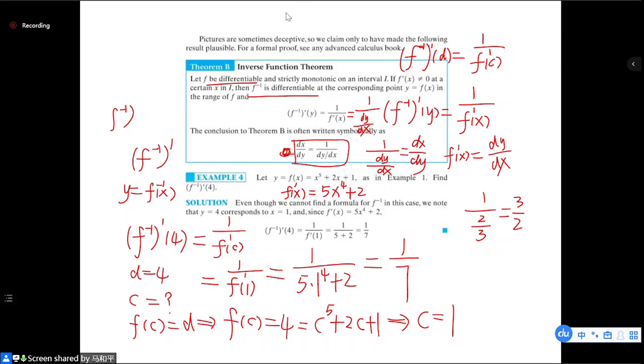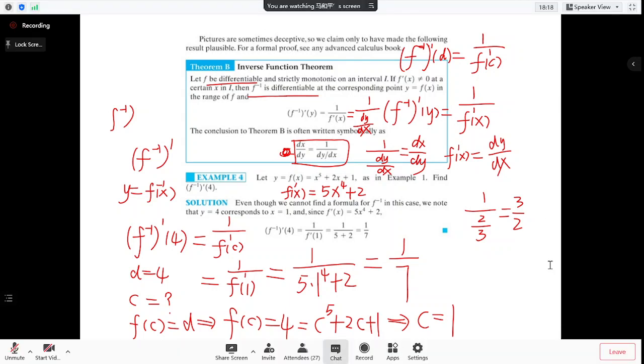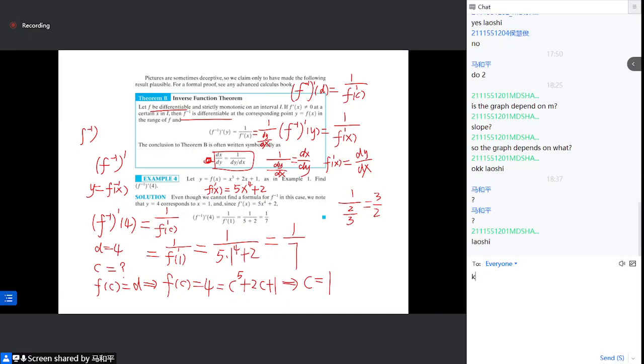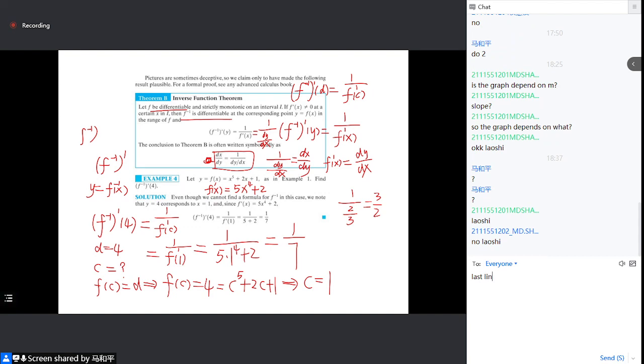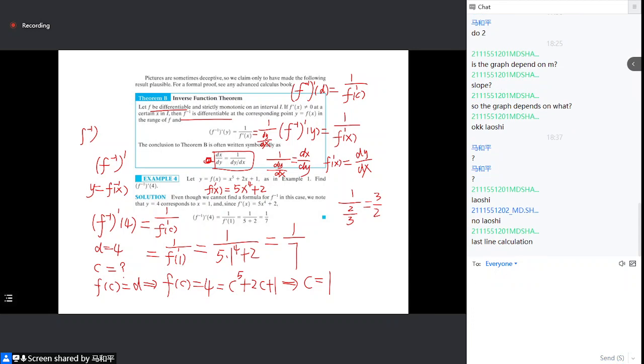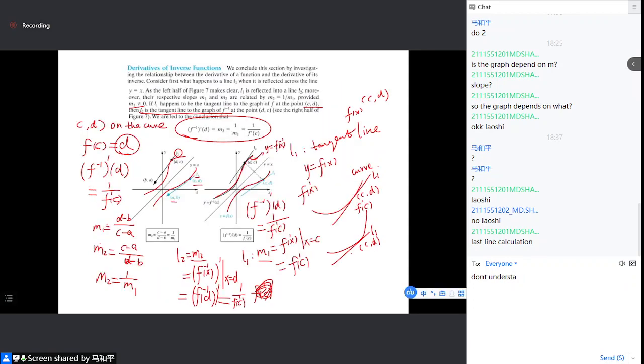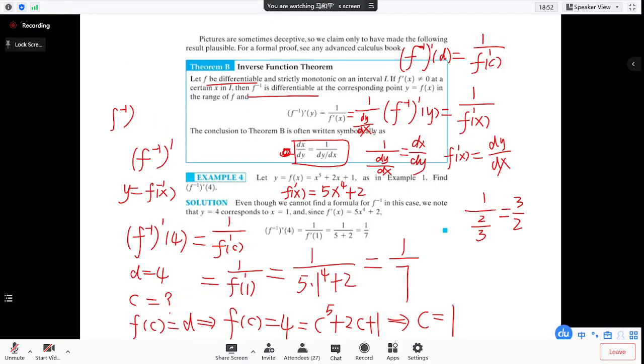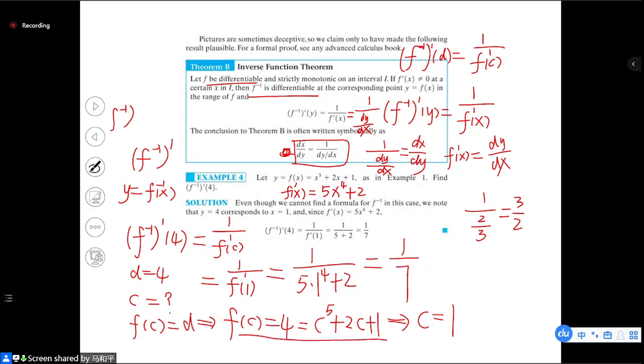And questions for example 4. Last line. We can't directly calculate this; we just choose a test point to get this c.